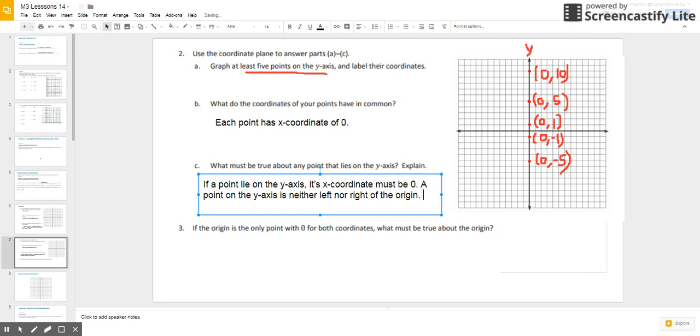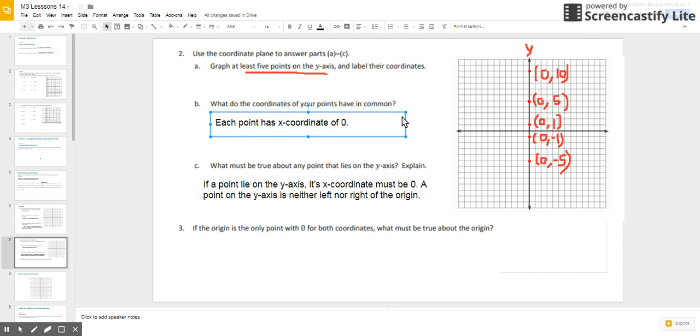It is simply right on, or even with, the origin. And that's one reason why the x is 0, because all these points are lined up with the origin. They're not going to the left or right on the x-axis.